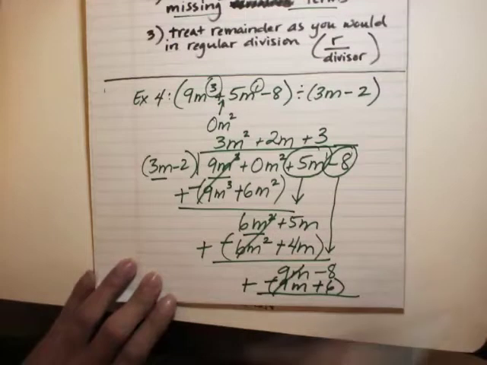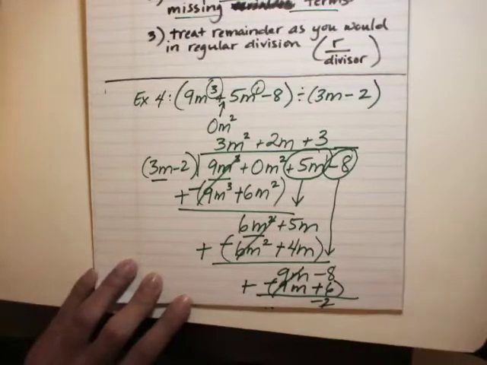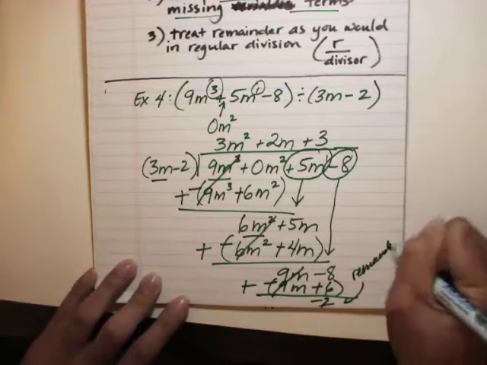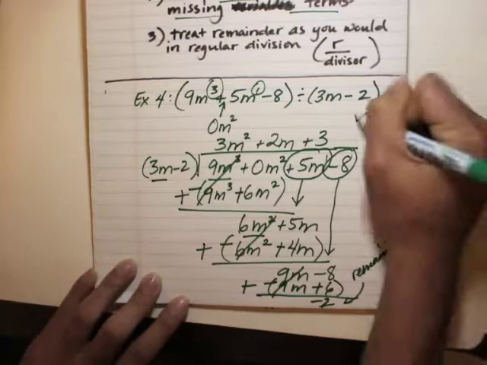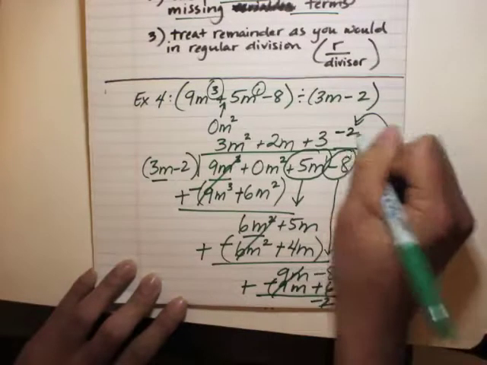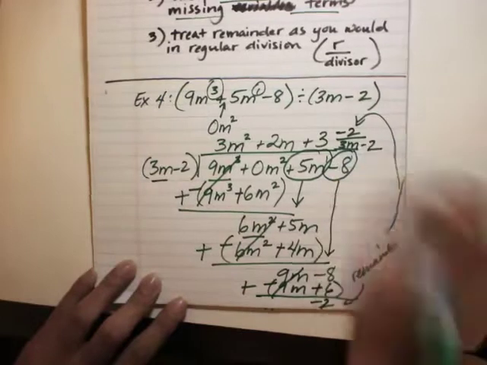Our remainder, it looks like, is a negative 2. Okay, since our remainder is a negative 2, here's our remainder. Okay, we're going to bring it up just like you would. You'd say minus 2 over our divisor, 3m minus 2. And that's it.